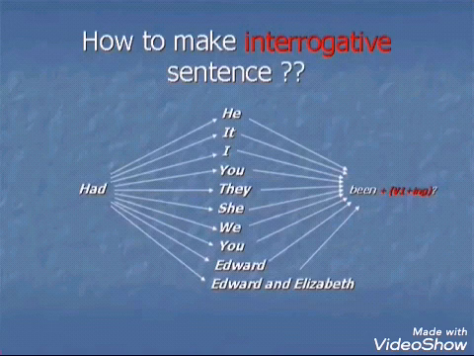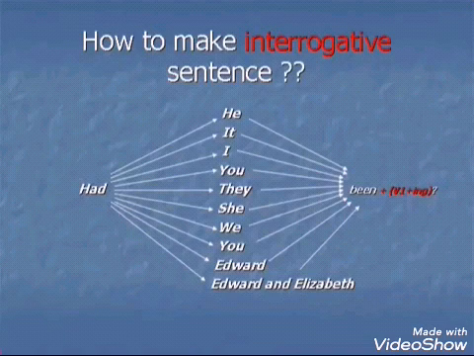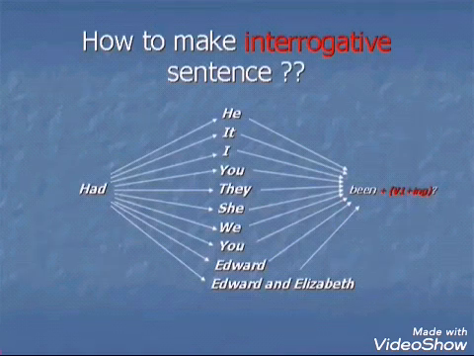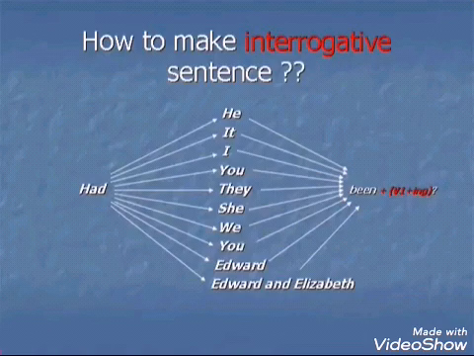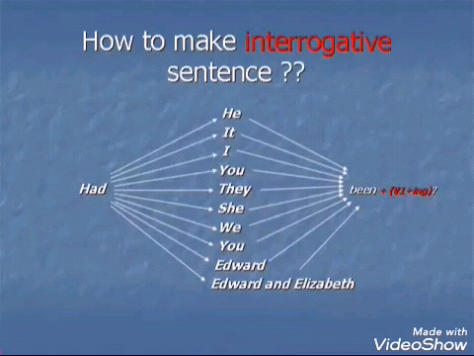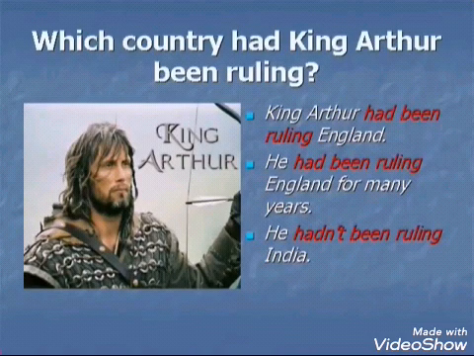By using had plus the subject plus been plus verb plus ing, like had he been eating, had it been sleeping, had I been watching TV, had you been cooking, had they been sweeping the floor, had she been traveling to Alex, had we been phoning our friends, had you been sleeping, had Edward been watching TV, had Edward and Elizabeth been cooking lunch. So again, the question form is had plus subject plus been plus verb plus ing.